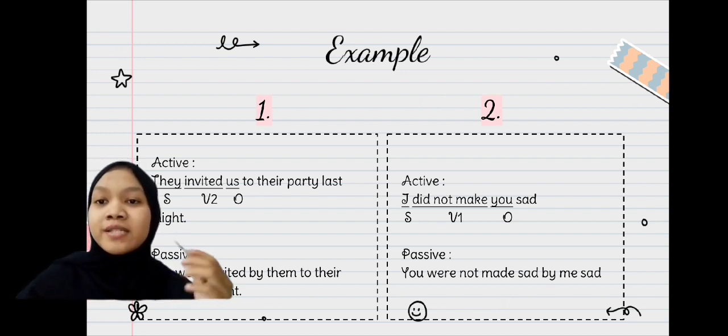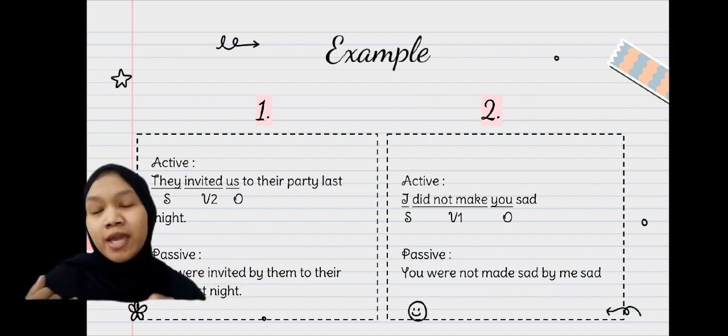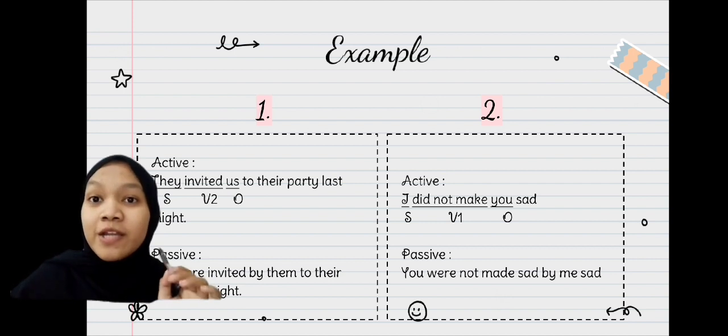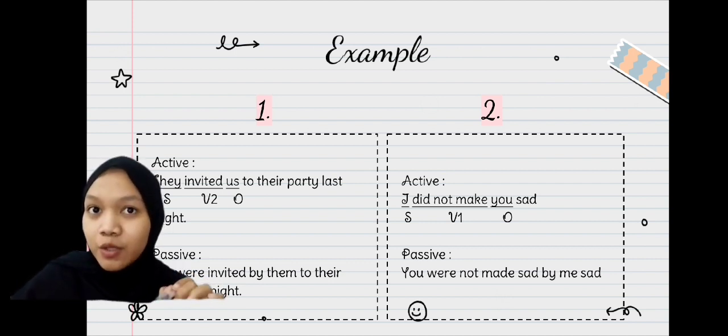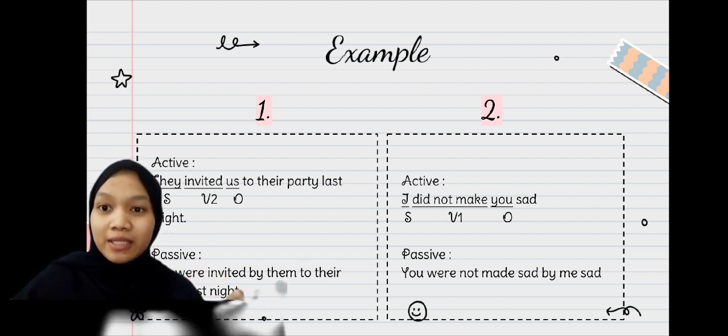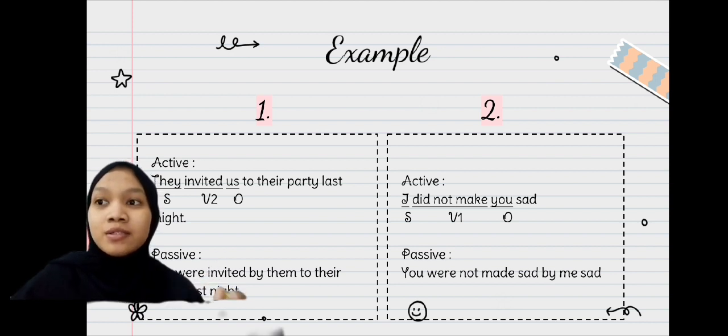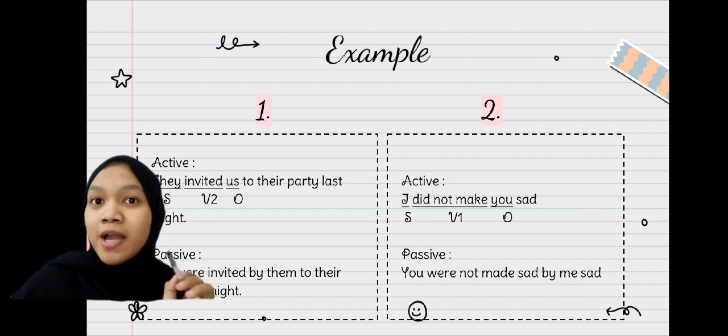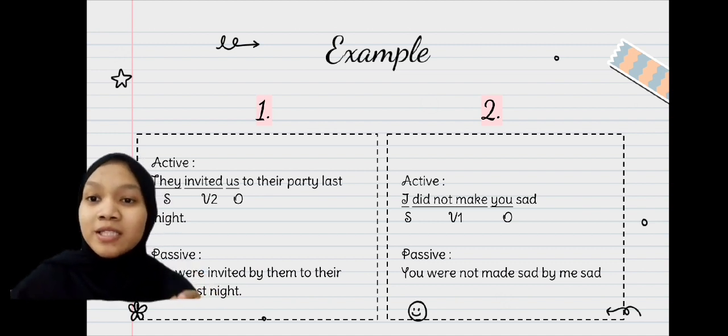So from the sentence we can get the passive: We were in Phoenix by them today party last night. Once again: We were in Phoenix by them today party last night.